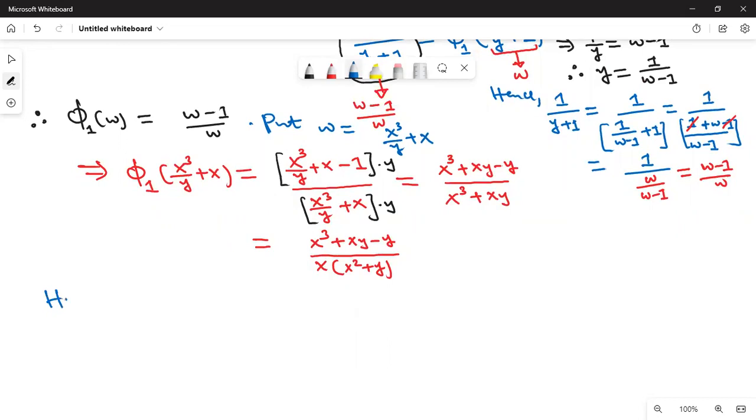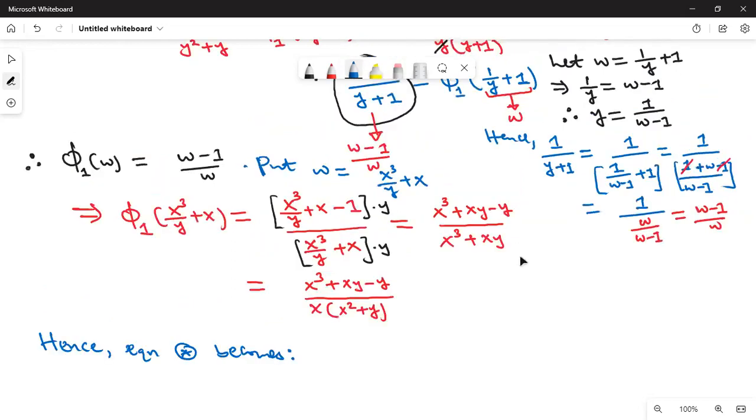Hence, equation star becomes, on the left hand side, what do we have?